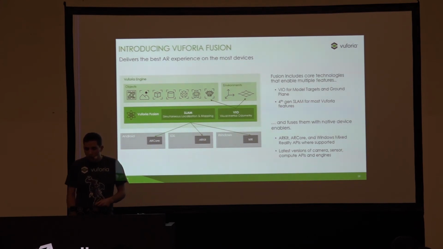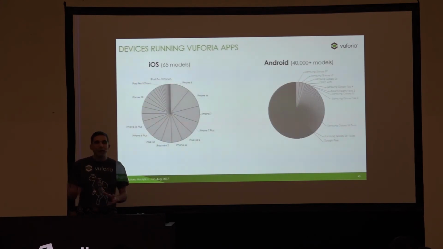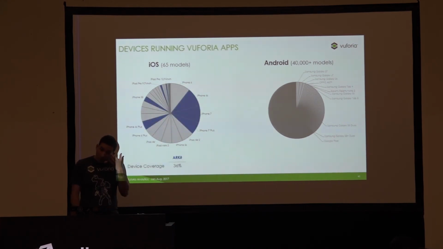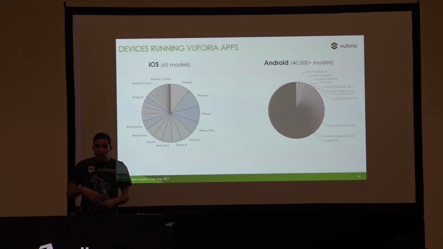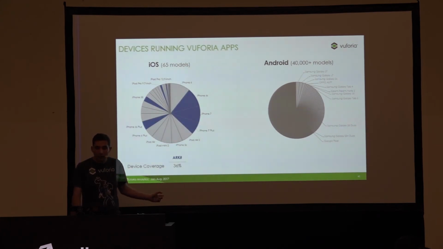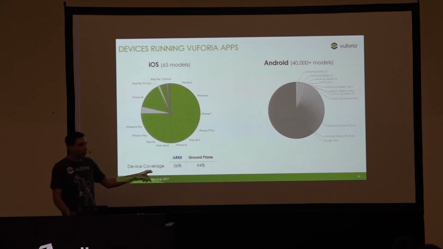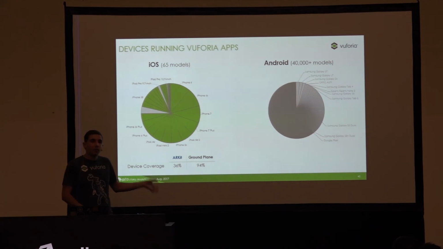Let me talk a little bit more about the fragmentation, or the state of the market as far as devices go. Right now, the data that we have for devices running Vuforia shows about 65 models of iOS, and 36% of them currently support ARKit. With Vuforia Ground Plane and Vuforia Fusion, we're aiming at 94% of the devices by the time Vuforia 7 rolls out. Android's a little bit trickier.